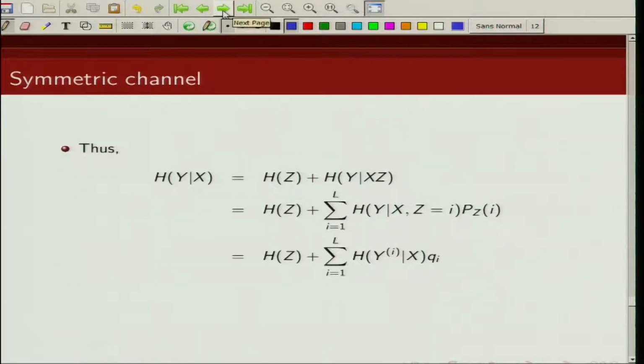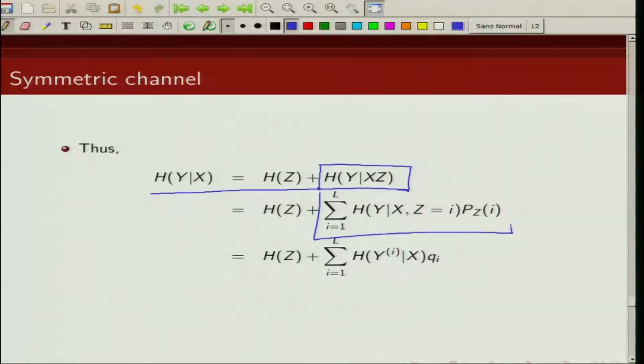Next. So, from the previous expression, then I can write h of y given x as h of z plus h of y given xz. Now, I can expand this in this particular fashion. So, this is uncertainty in y given x and given z is i multiplied by probability of z is i.